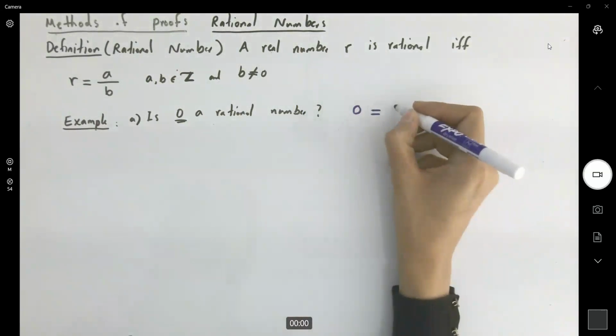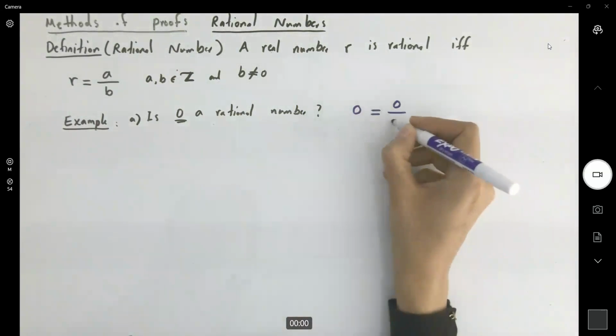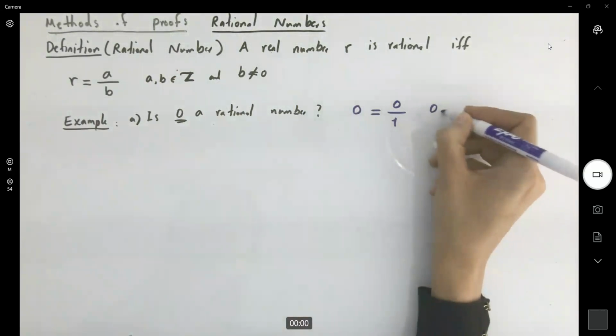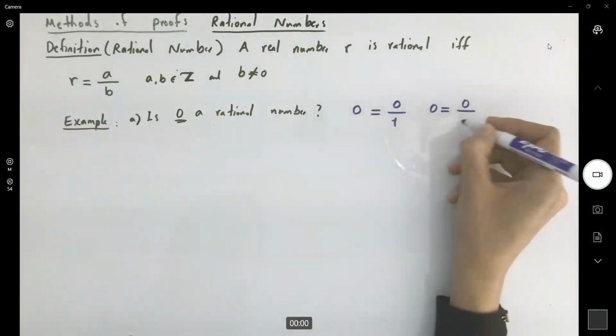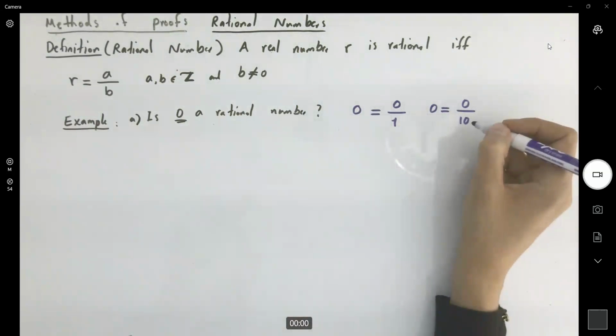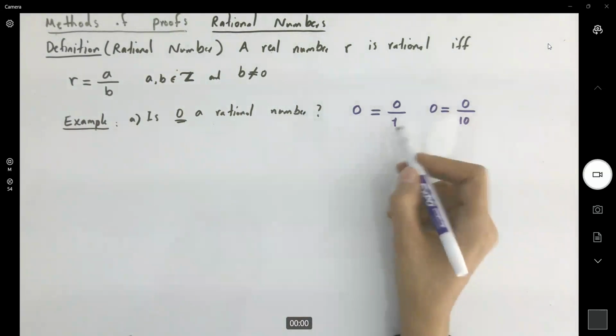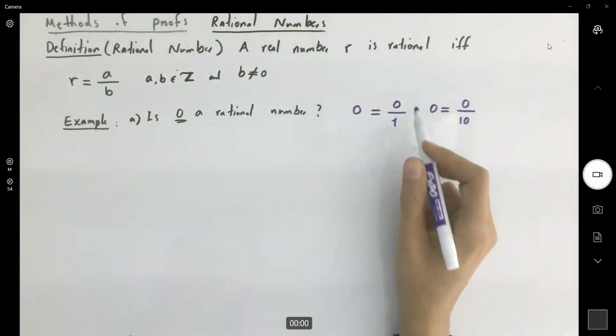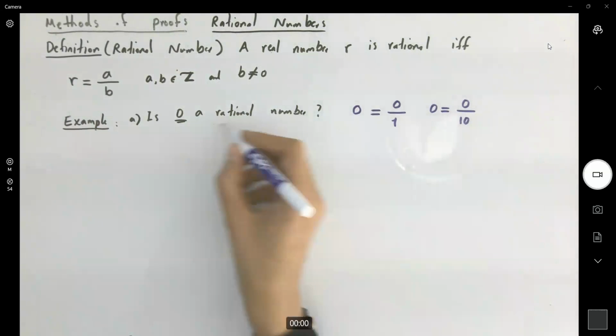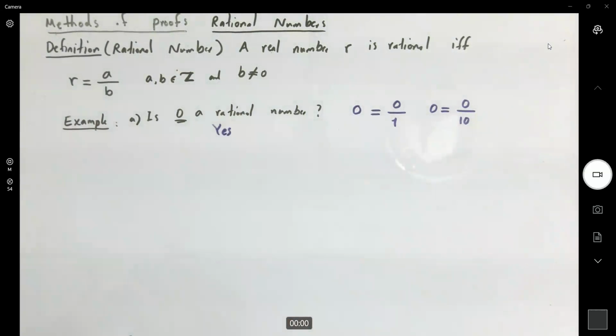For example, 0 divided by 1, or 0 divided by 10, any number that you like. The denominator is not 0, the numerator is just an integer. So the answer is yes.